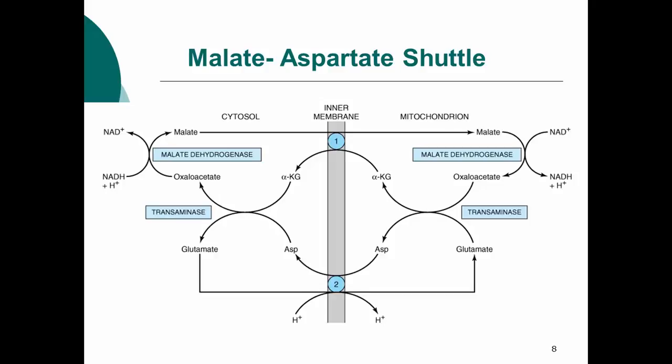So it depends on the type of cell and which shuttle system they have, and that determines how many ATPs are produced from the glycolysis-generated NADH, all right?